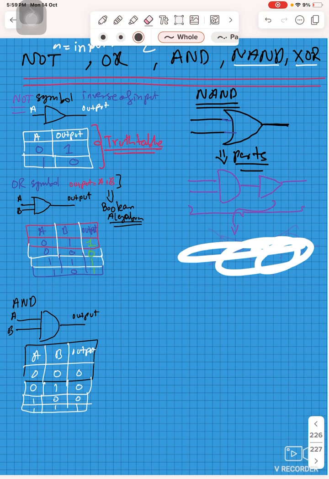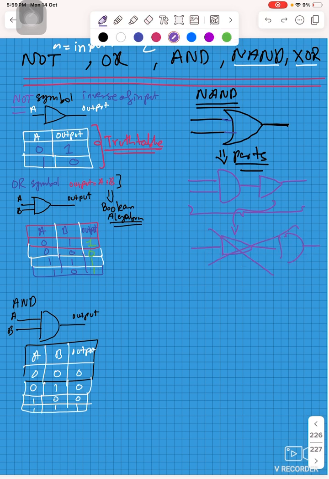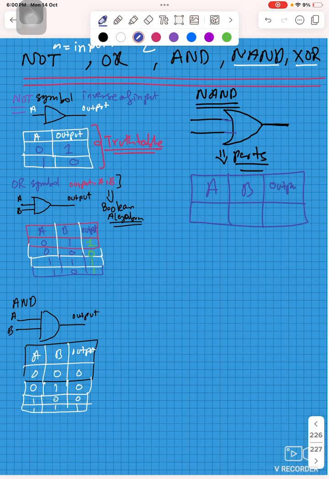Second, we could also think of it as NOT followed by AND, and that also makes sense. Again, two inputs and one output.